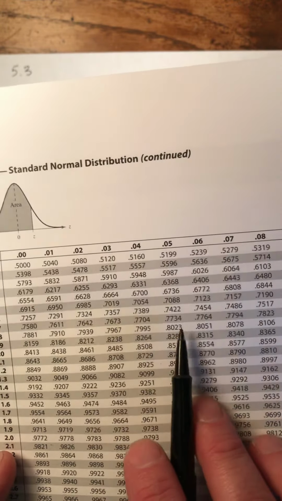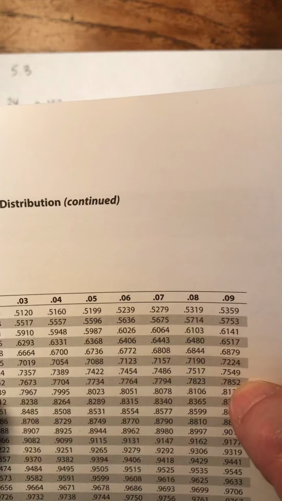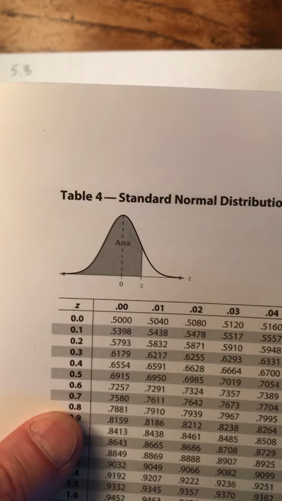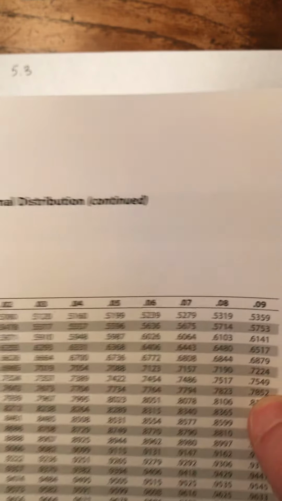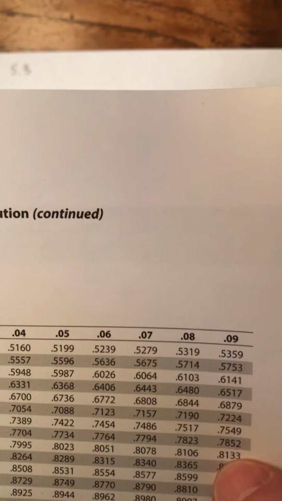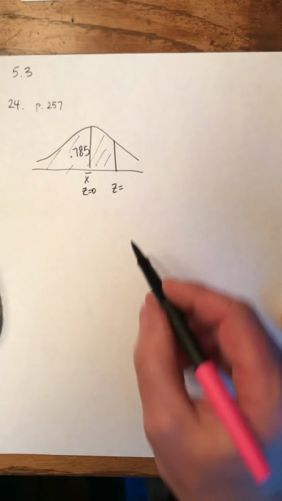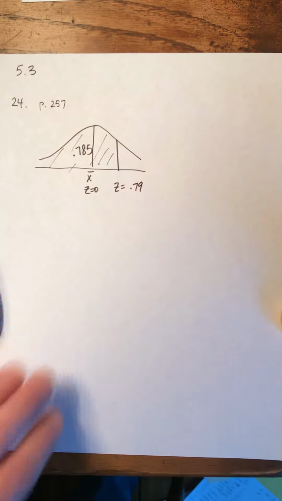Here's 0.7823, here's 0.785. Now if I hold on to that number and look all the way over to the left, it comes out to a 0.7, and I go all the way over this 0.785 and I go up, it's a 0.09, so my number is 0.79. This is the z-score that belongs to that.